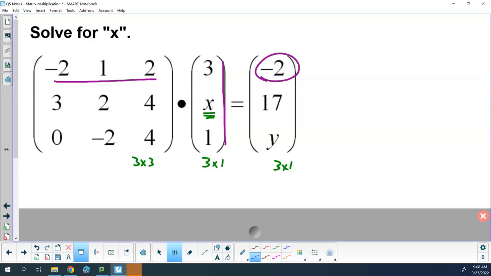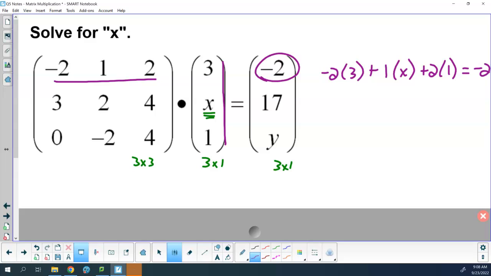Yeah? Okay. Well, that would be negative 2 times 3 plus 1 times x plus 2 times 1, and that should equal negative 2.